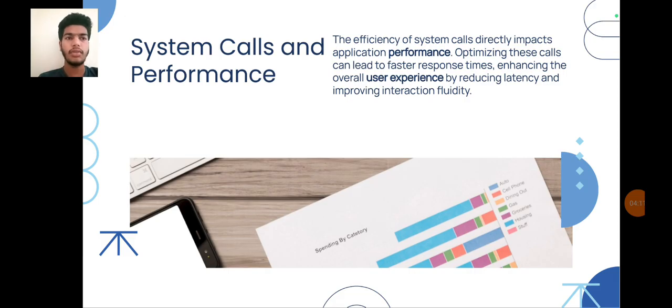These are the performance aspects of system calls.